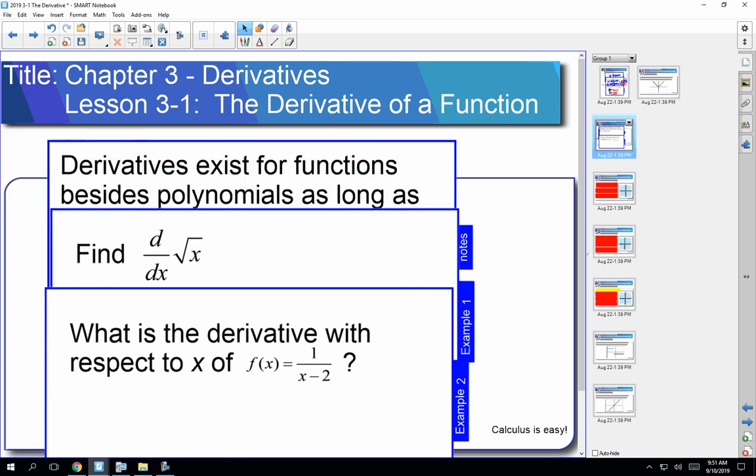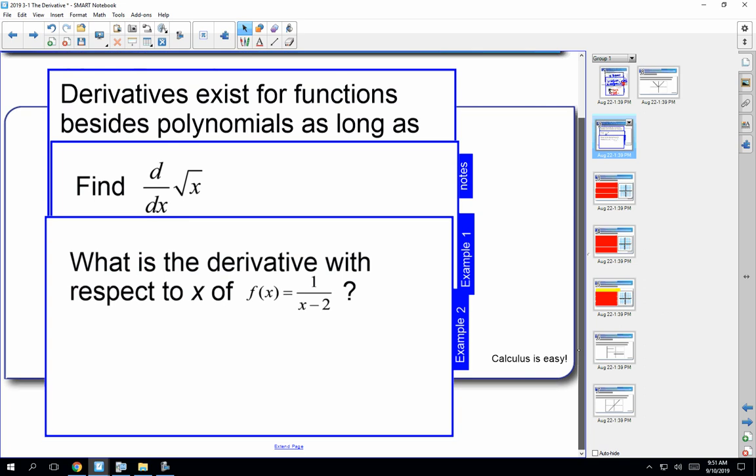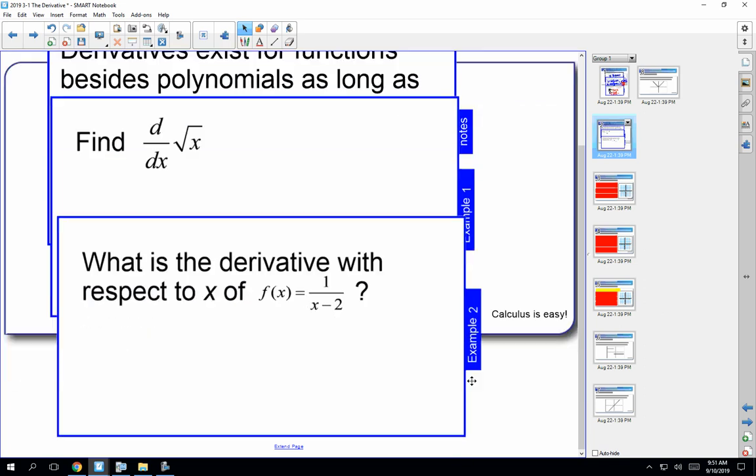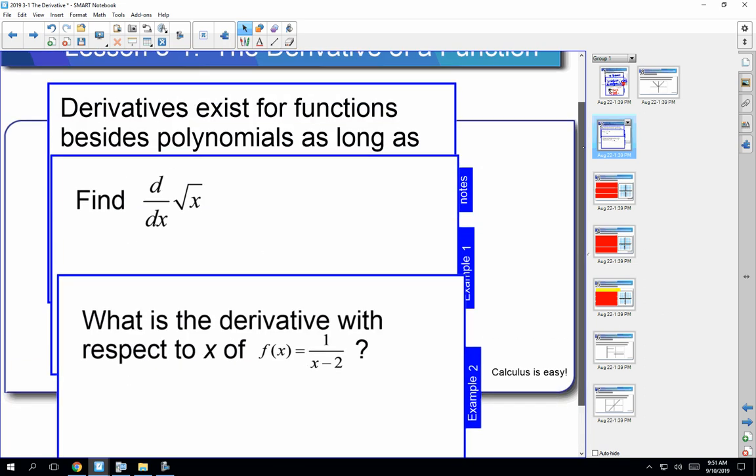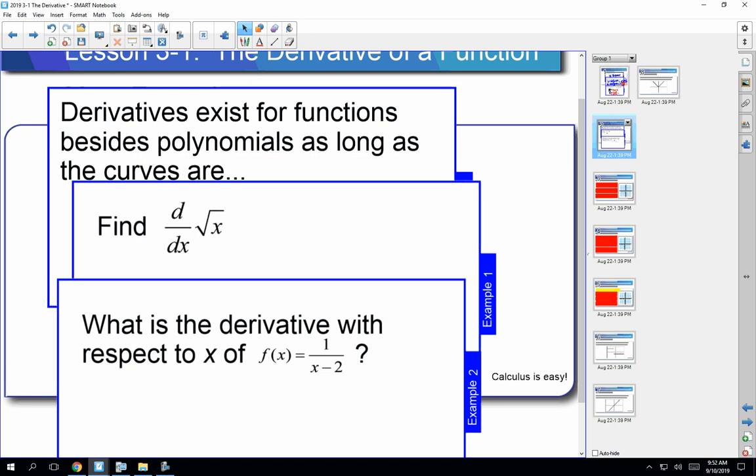Yes, there it is. When you think about the square root of x, when it goes straight down, we have what's called a vertical tangent. You can go back to your algebra experience. What's the slope of a vertical line? It's undefined.